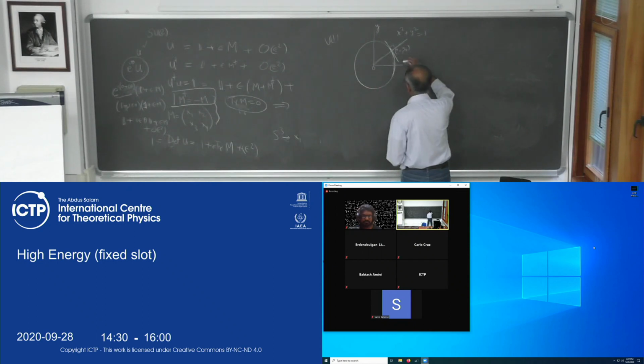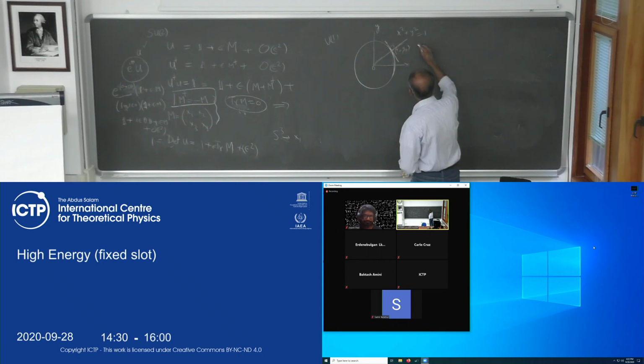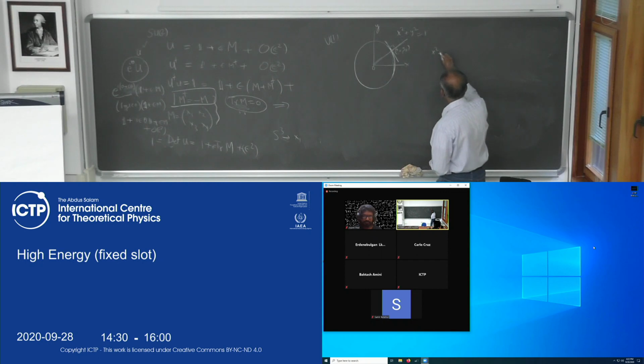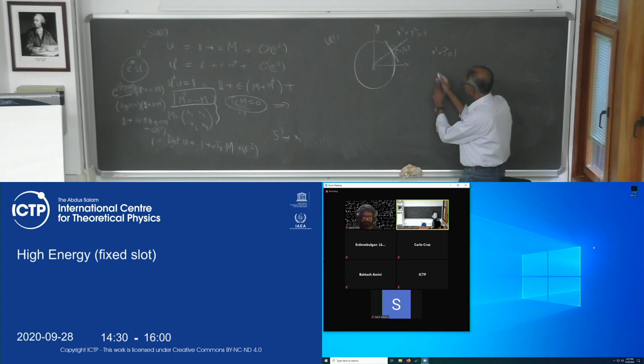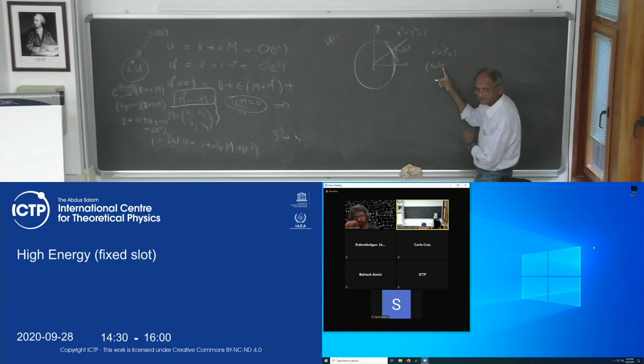You want to ask the following question: in what direction can I move such that x squared plus y squared remains 1? In other words, let's look at a deformation, a small change. We are sitting at x naught, y naught, so let's write x equal to x naught plus delta x, a small change, and y naught plus delta y.